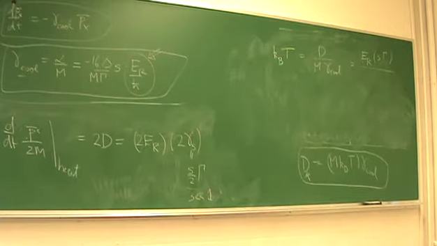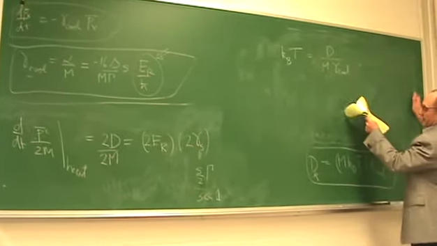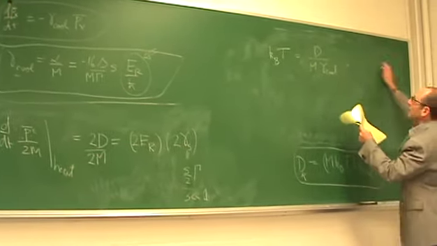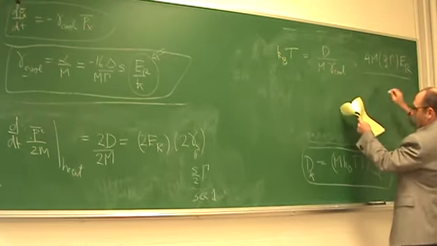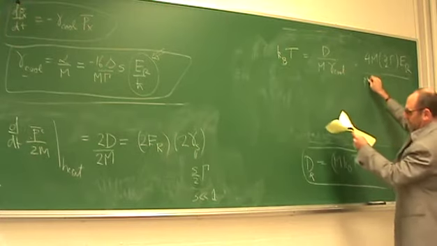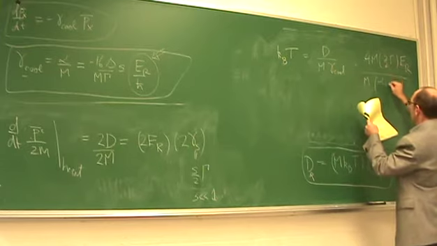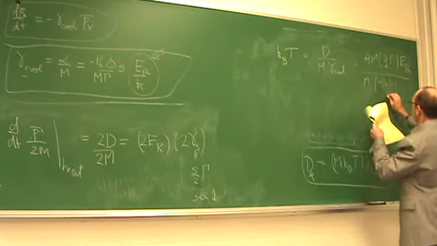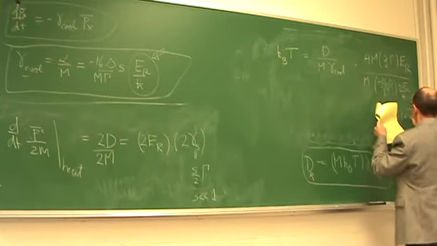So now the diffusion coefficient is equal to 4 times the mass times the scattering rate times the recoil energy divided by the mass times the saturation parameter, E recoil over h bar, and then there's a factor of 1 over 4.